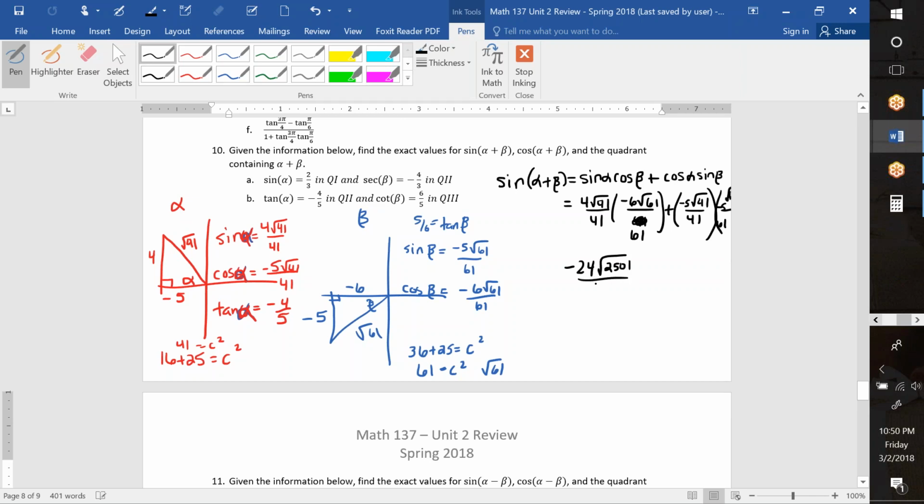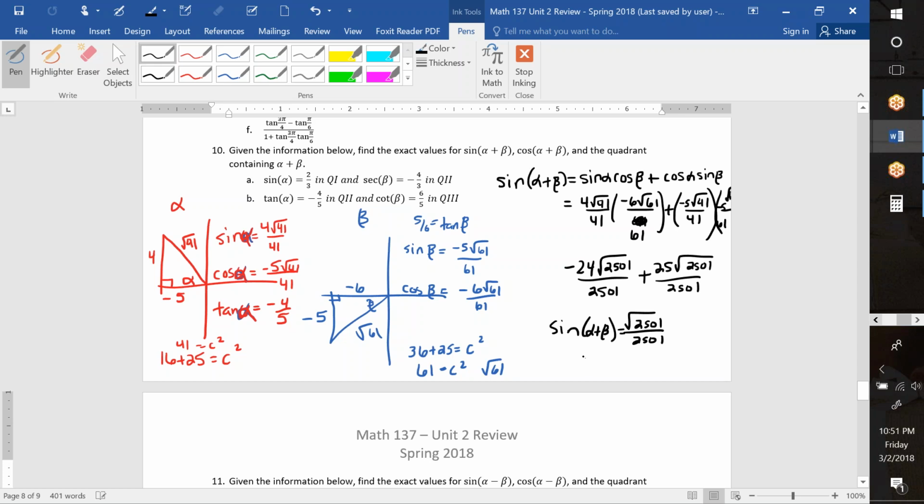And that's going to be our denominator as well, since it's still multiplying the same two things. This is -5 times -5, so that's going to be +25, same square root, over 2501. So if we add those together, that's just a square root of 2501 over 2501. So that's the sine of alpha plus beta.